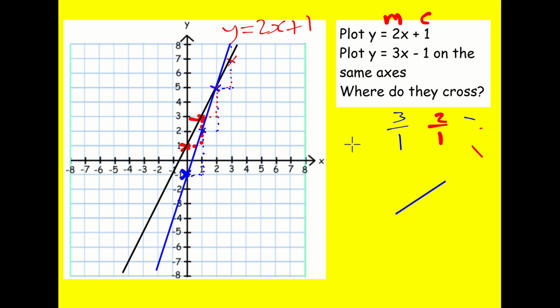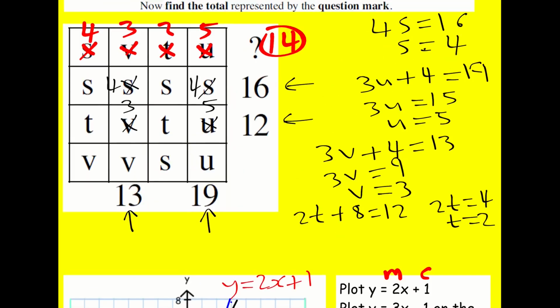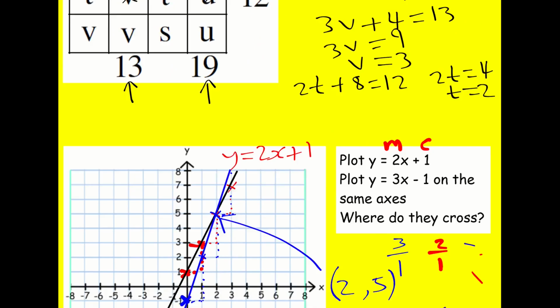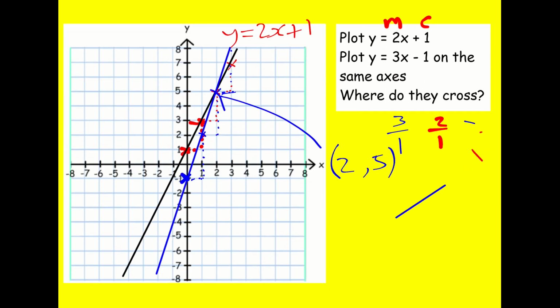Where do they cross? They cross at 2, 5, this point here. And just bringing it all together now, I said at the start, we're trying to solve simultaneous equations where I have 2 equations and 2 unknowns. And actually that is exactly what I've got here. It's just in a slightly different form.